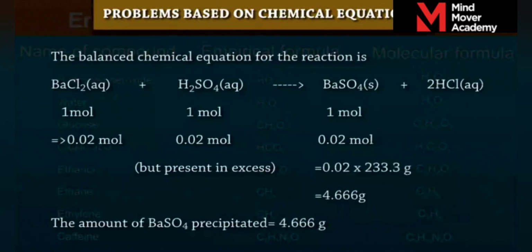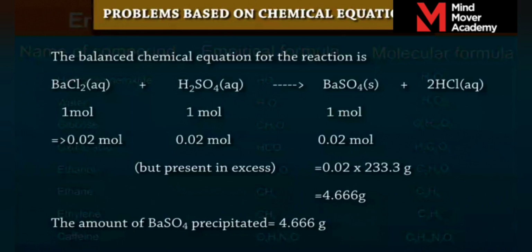The balanced chemical equation for the reaction is barium chloride aqueous plus H2SO4 aqueous gives barium sulfate solid plus twice HCl aqueous. That means 1 mole of barium chloride and 1 mole of sulfuric acid gives 1 mole of barium sulfate.